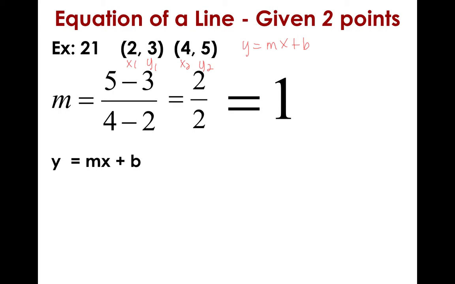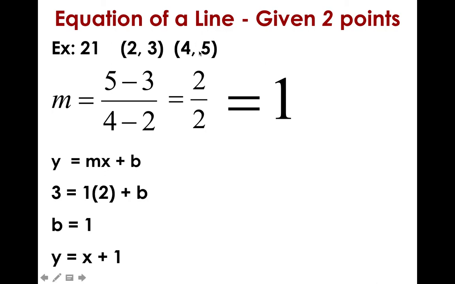We take those things and we choose one of these 2 points. It doesn't matter which point we decide, it's still going to come out to be the same. And I just plug it in. So I chose the first point. And so we see that our b is equal to 1. And so our final answer comes out to be y equals x plus 1.